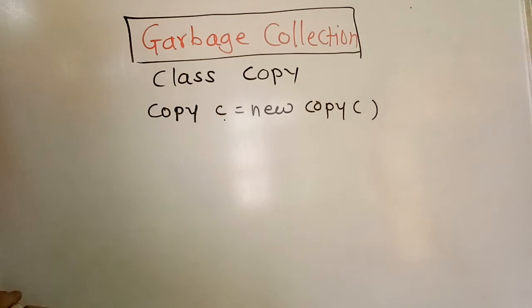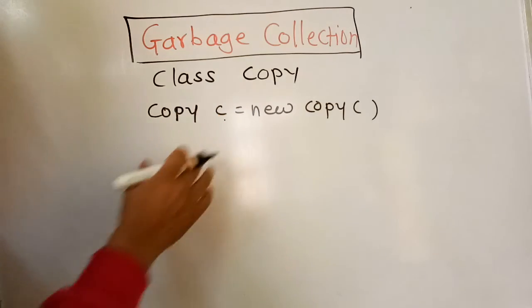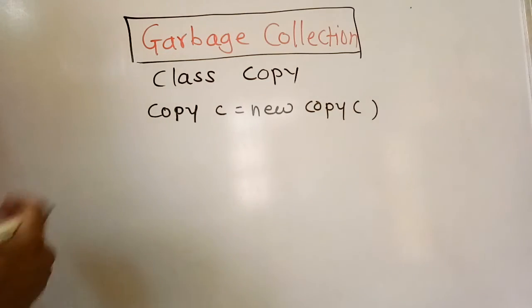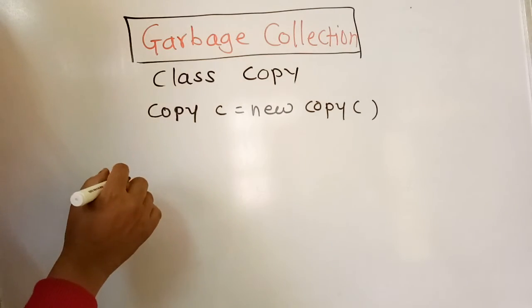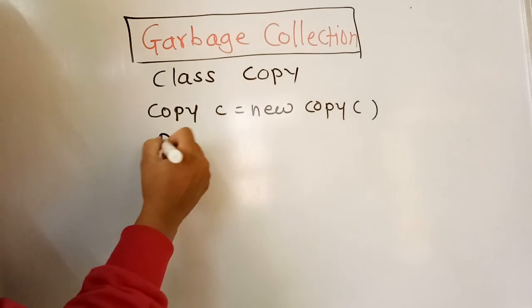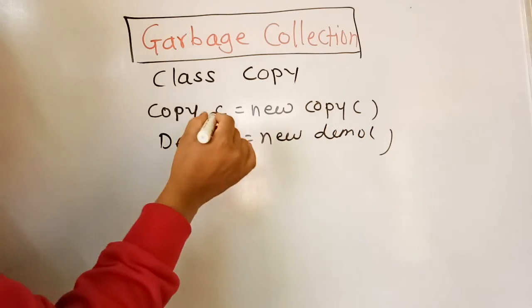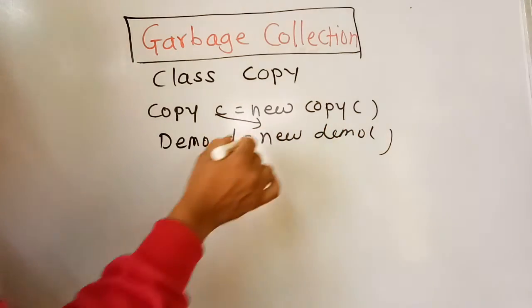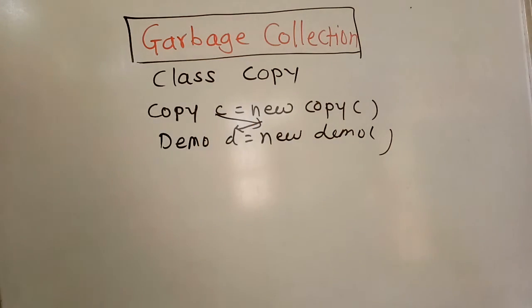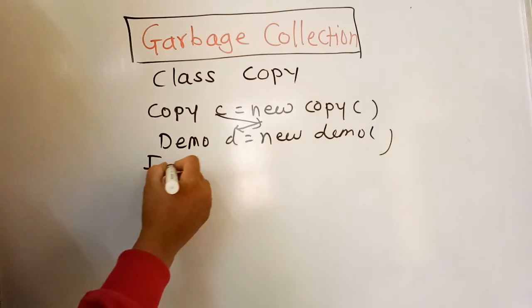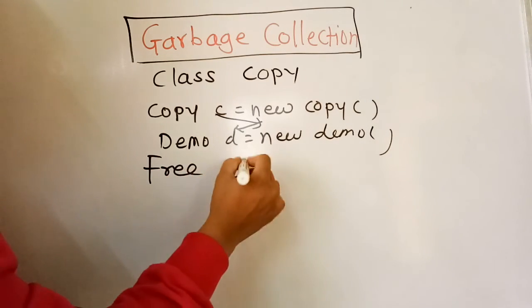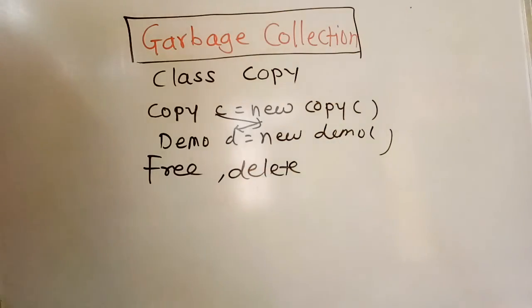Such items are found by the system and freed automatically, and when the same user creates new memory for new objects, for example demo type t equals new demo, then the memory freed by the earlier objects can be used by another object of the same user. Without taking any interest in the mechanism, it is automatically handled by the system, and it is known as garbage collection. So there is no need of mechanisms like free or delete to delete the memory.